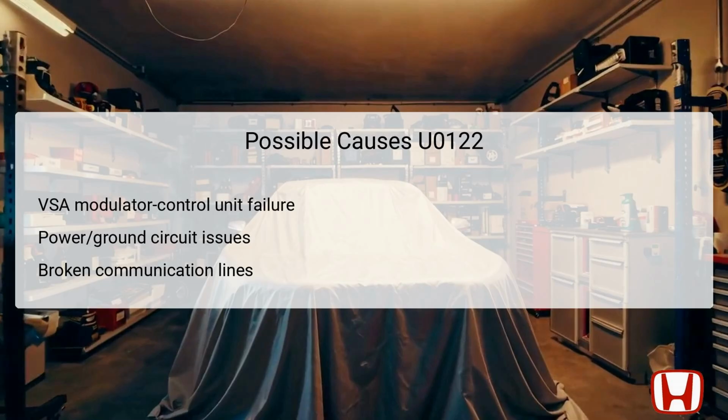These circuits need to maintain correct voltage levels and connections for optimal performance. Lastly, broken or damaged communication lines could disrupt the data transfer between the PCM and the VSA modulator-control unit, causing the PCM to store the DTC. Understanding these causes aids in pinpointing the exact point of failure, which is crucial for effective repairs and restoring the reliability of the vehicle's systems.